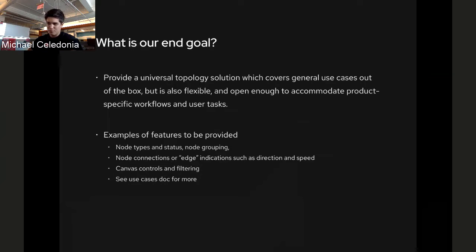But an example of one we probably won't provide is something like Skydive's packet injection workflow, which is really specific to a networking context. So obviously it's not something we provide out of the box, but like I said, it should be simple and easy enough for the Skydive team to integrate that into their own version or build of the component.